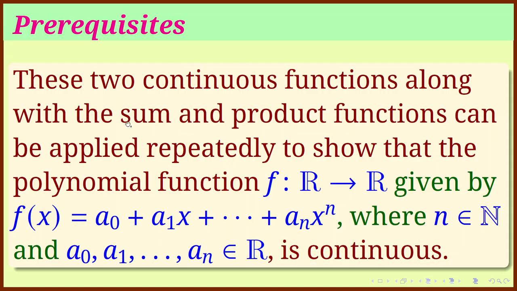So, the sum function, product function, identity function and constant function can be combined together and applied repeatedly to show that this polynomial function is also continuous. Okay, it's not very difficult.